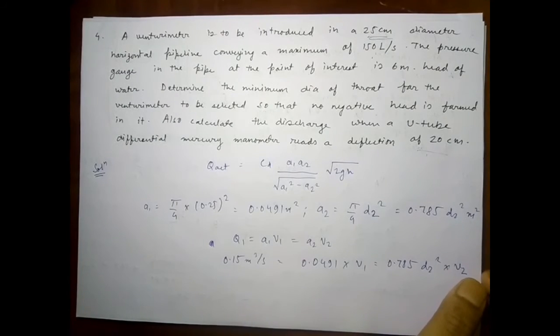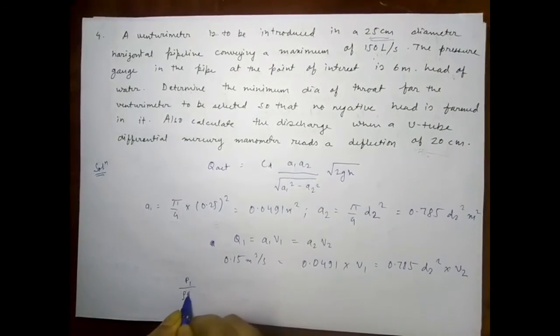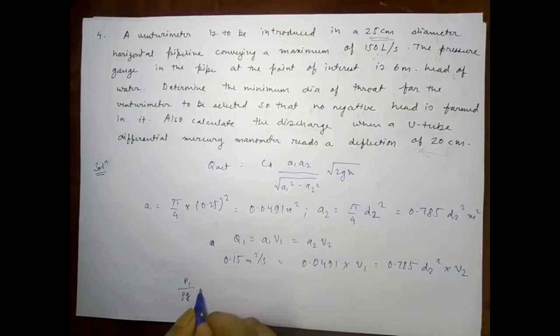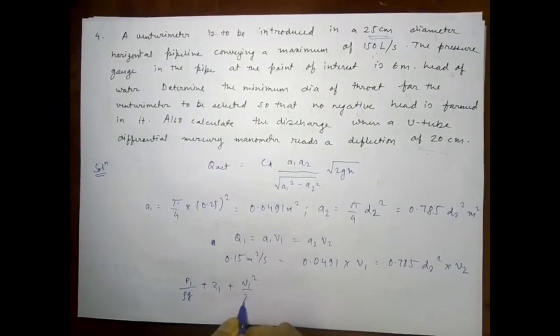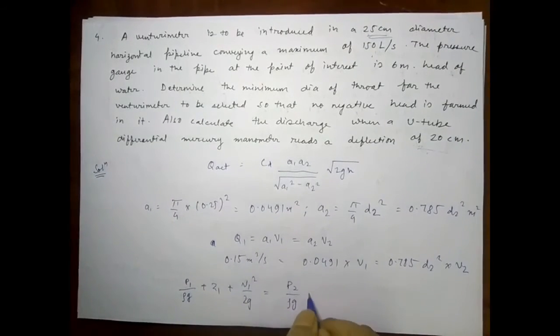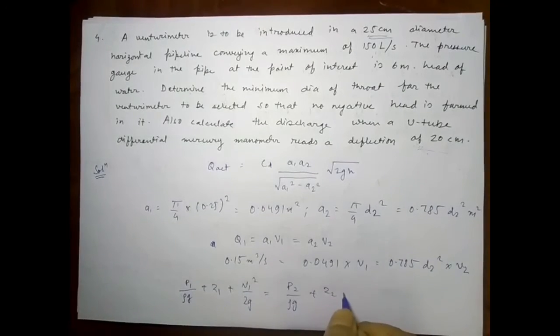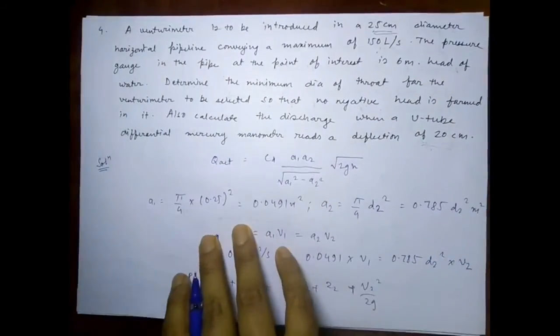And therefore, applying Bernoulli's equation, by neglecting the losses, P1 upon rho g plus Z1 plus V1 square upon 2g is equal to P2 by rho g plus Z2 plus V2 square by 2g.